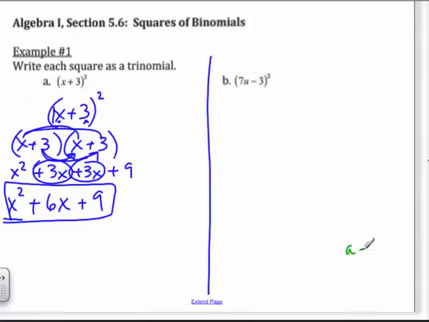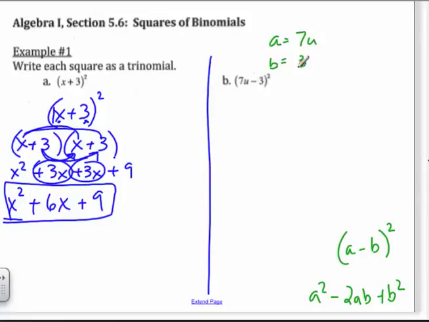a minus b squared gives us a squared minus 2ab plus b squared. That's the pattern for a minus b squared. Let's see if it works on the one that they gave us. Do you agree that a is equal to 7u, and b is equal to 3?